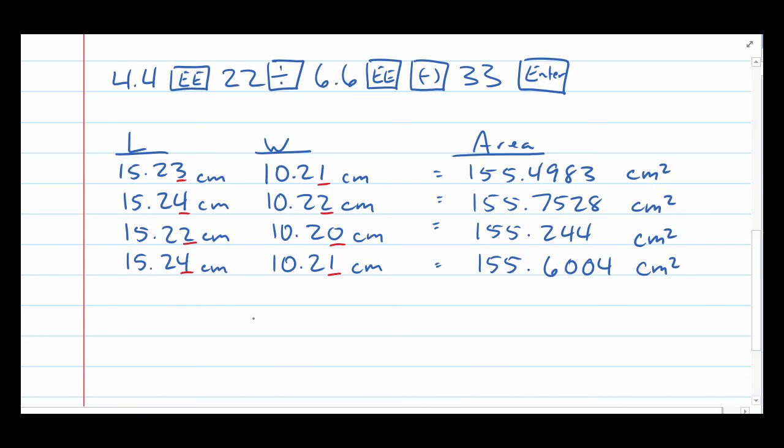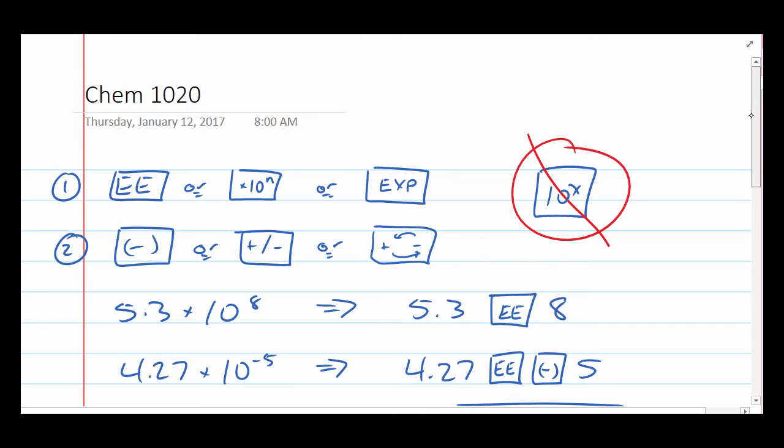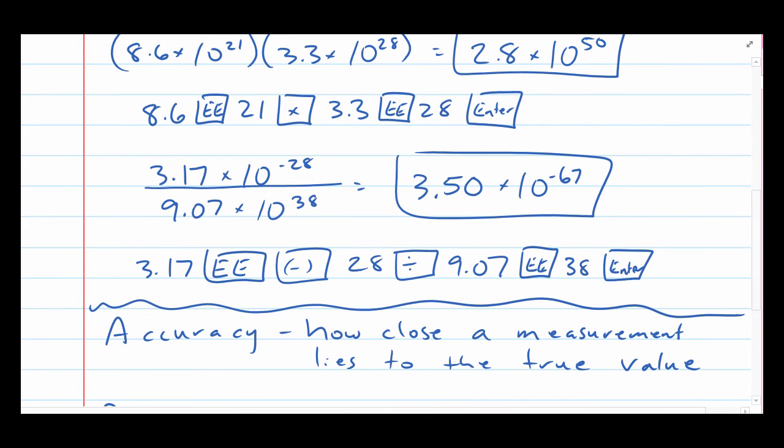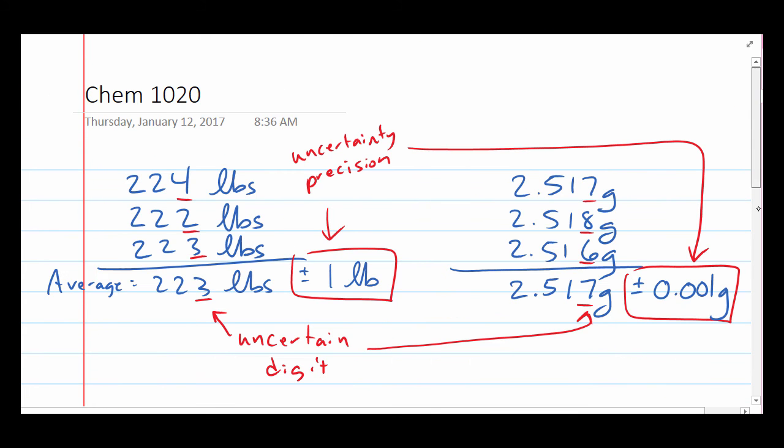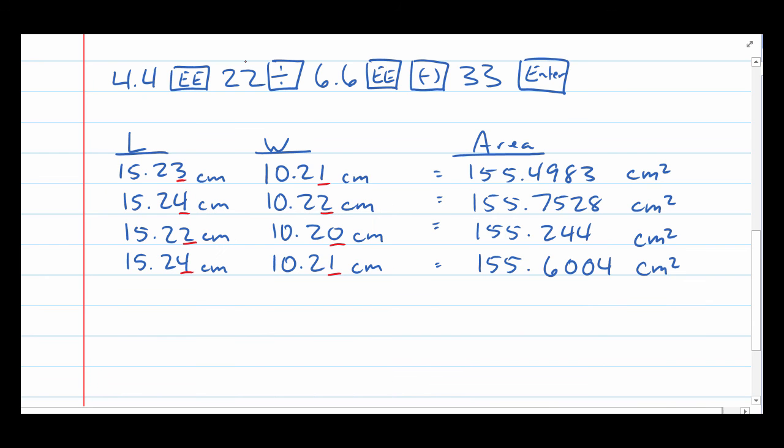We want to figure out which digit is the uncertain digit. And the reason why that uncertain digit is important is because we define the significant figures as all of the certain digits in a measurement plus one digit that is uncertain.